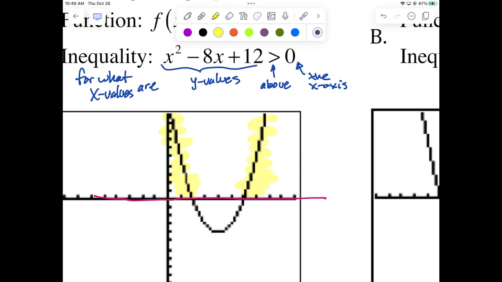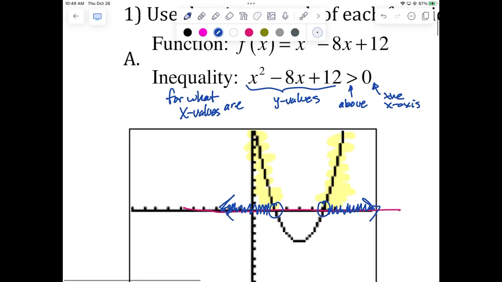And what's the answer here? Outside of the x-intercepts, okay? Because it's strictly greater than 0, I can put an open circle on this x-intercept and shade to the right, and an open circle around this x-intercept and shade to the left. I'm going to write this right here.